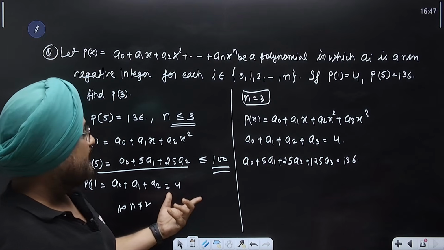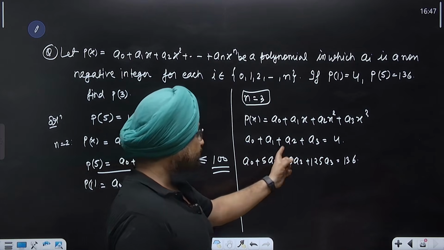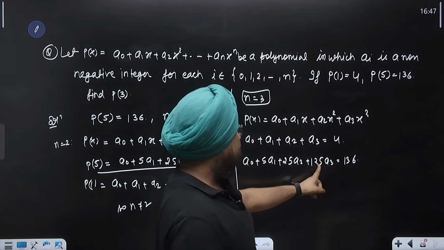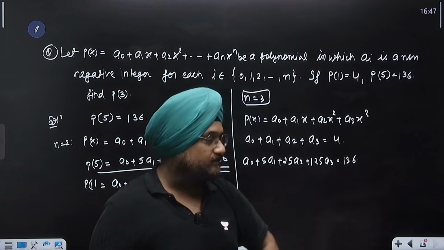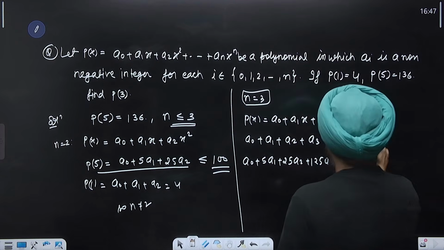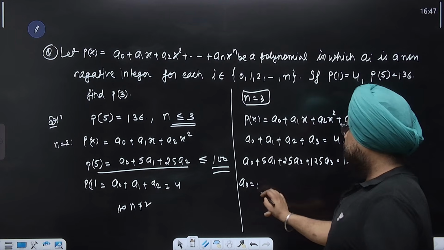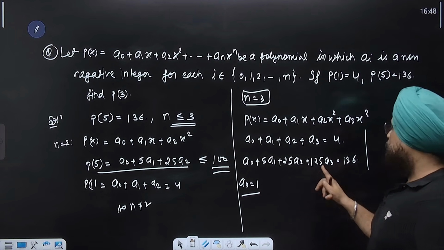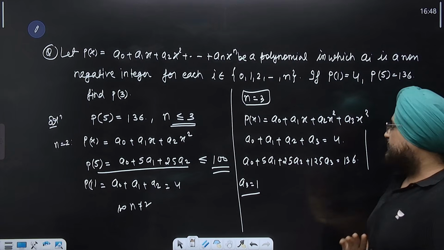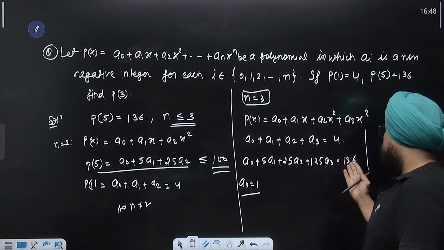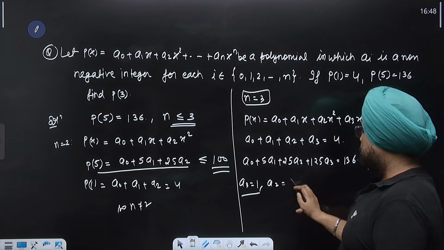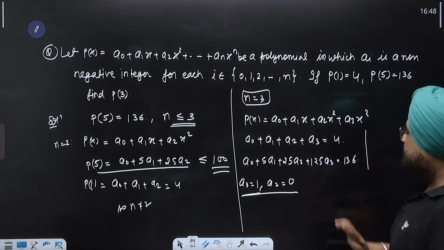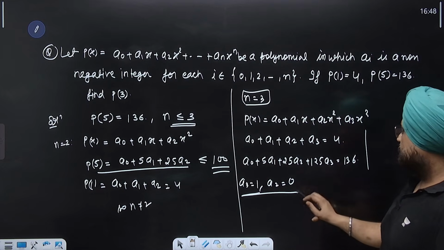So a3 either can be equal to 1 or 2, but if we put a3 equal to 2, this will become 250 and the other coefficients a0, a1, a2 will be negative. So a3 can be 1. If a3 is equal to 1, a2 will be equal to 0, since 125 plus 25 will become more than 136 and a0, a1 would be negative.